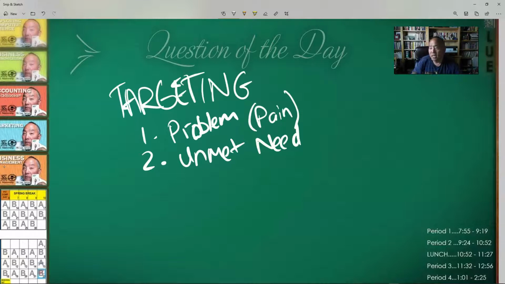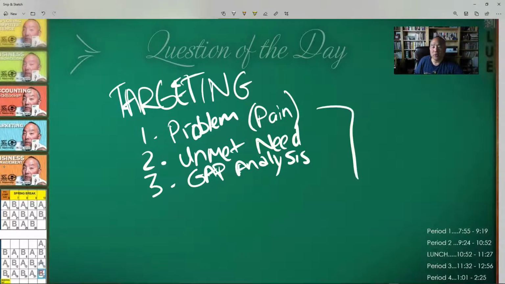Okay? The next thing that you have to consider is something we call gap analysis. Now, when we look at gap analysis, we're looking at this chasm, if you will, right? This is the gap, okay, that needs to be bridged in some fashion, okay?